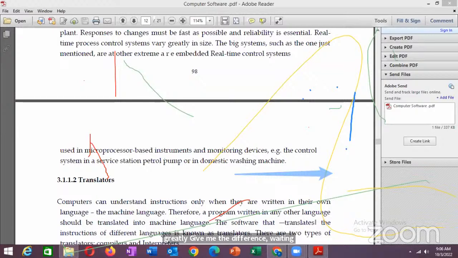Let me read. A compiler puts instructions together while an interpreter gives details of. A compiler translates the entire source code. I can see. Compiler checks the entire written program while interpreter translates one statement at a time. A compiler translates information once.